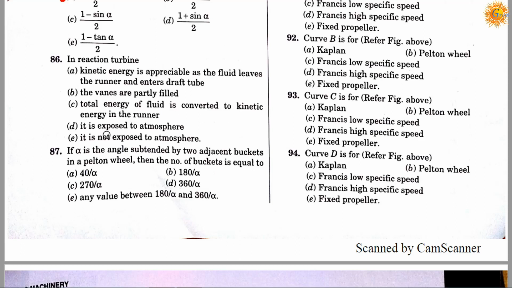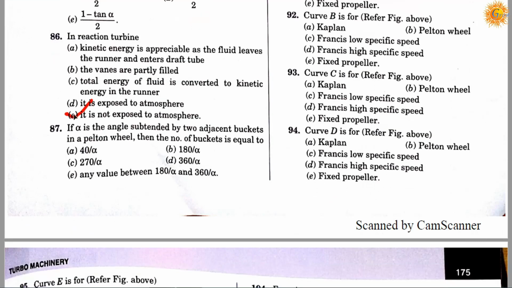Option D, it is exposed to the atmosphere, and option E is it is not exposed to the atmosphere. So correct answer is E. It means in the reaction turbine, it is not exposed to the atmosphere.